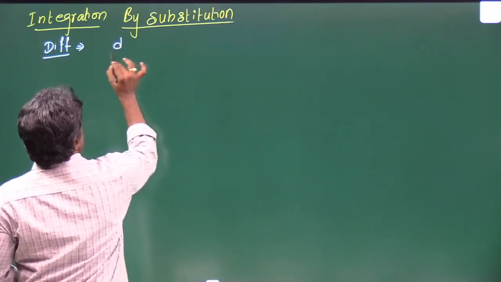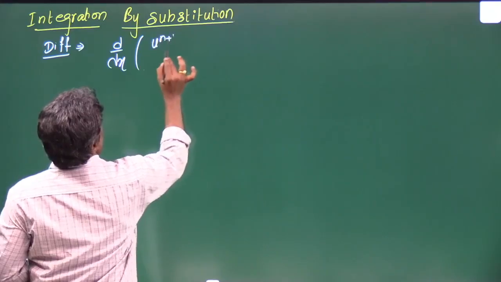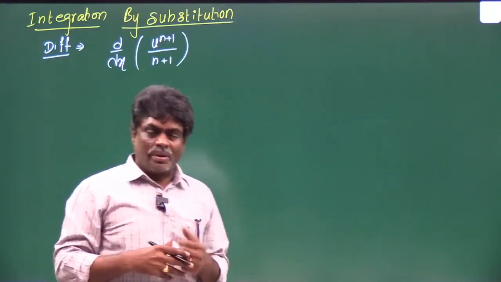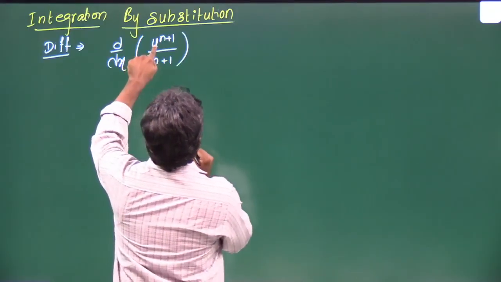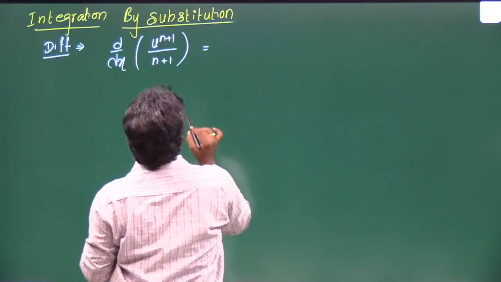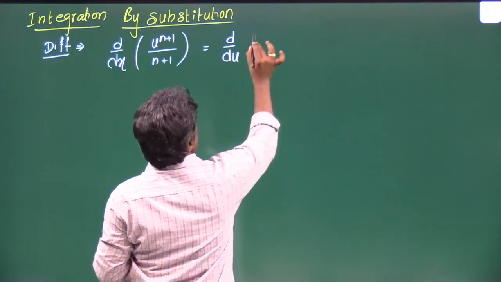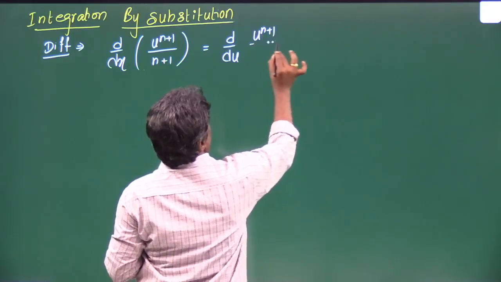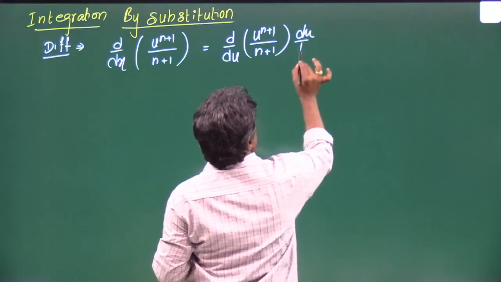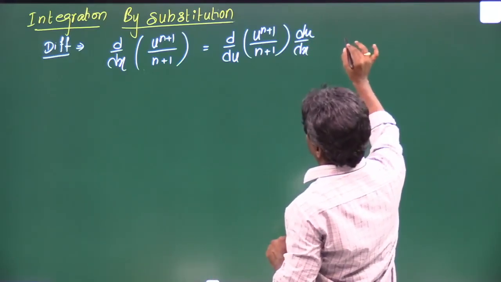For example, d by dx of u power n plus 1 by n plus 1. I want to differentiate this with respect to x. But here the variable is u. So how will you write it by using chain rule? This is d by du of u power n plus 1 by n plus 1, into du by dx. This is what we have discussed in the chain rule.